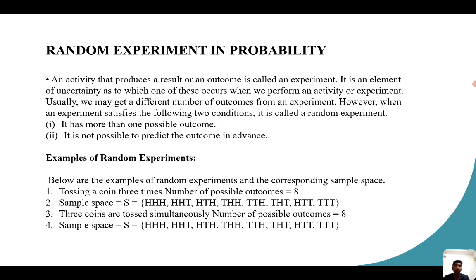The sample space S would be: all three heads, two heads and one tail, one head, one tail and one head, one tail, two heads, two tails, one head, one tail, one head and one tail, one head and two tails, all three tails. Three coins are tossed simultaneously, number of possible outcomes would be 8.